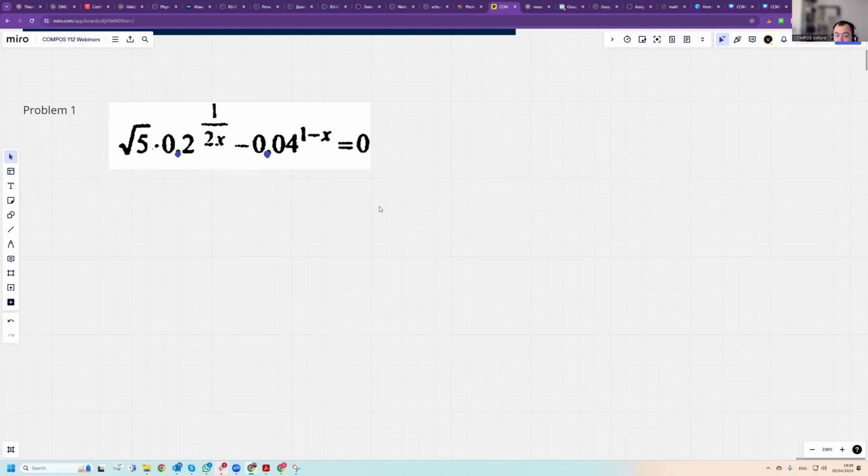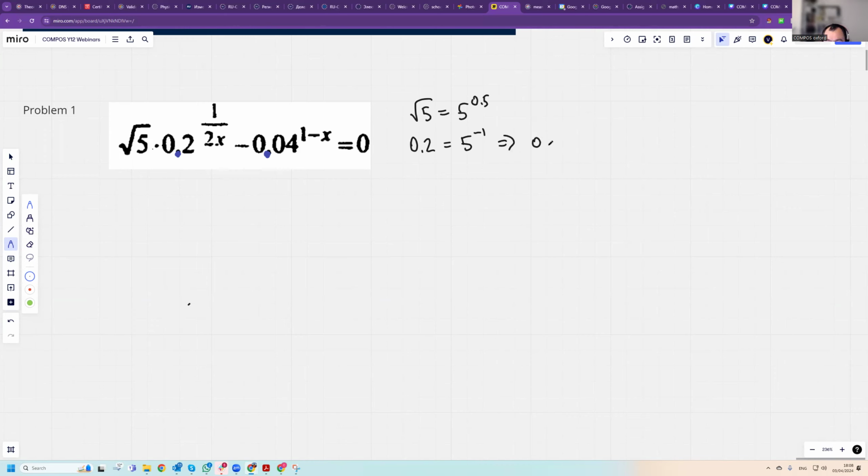Get everything as a power of 5, of course. So square root of 5 is 5 to the power 0.5. 0.2 is 5 to the power minus 1.